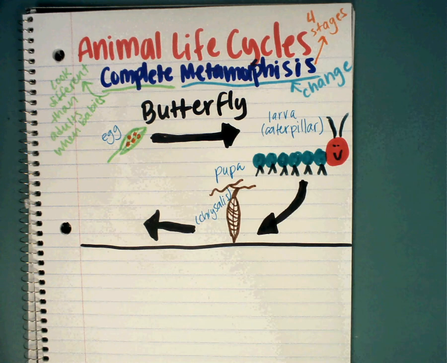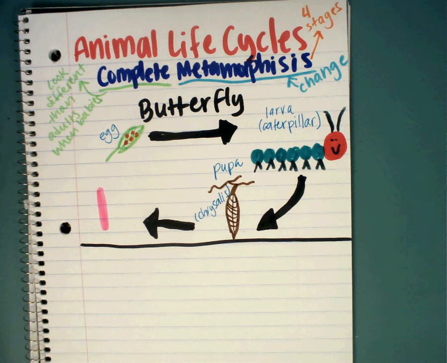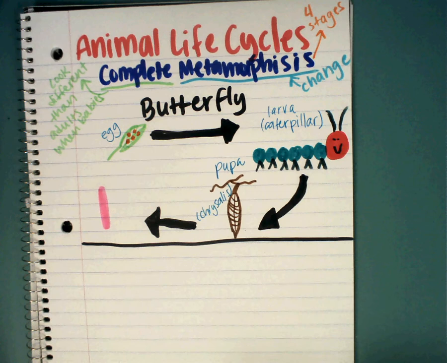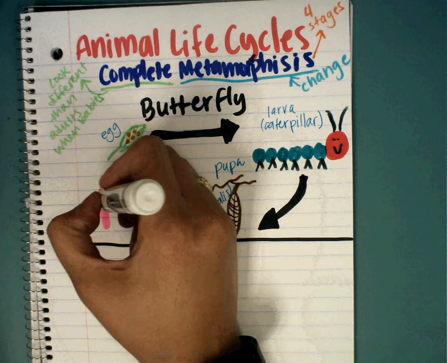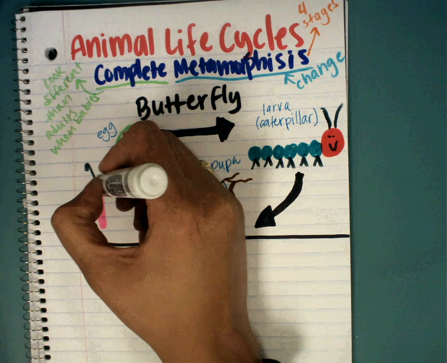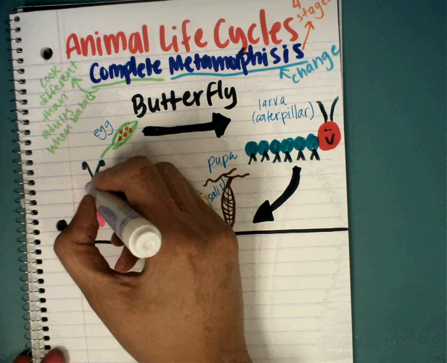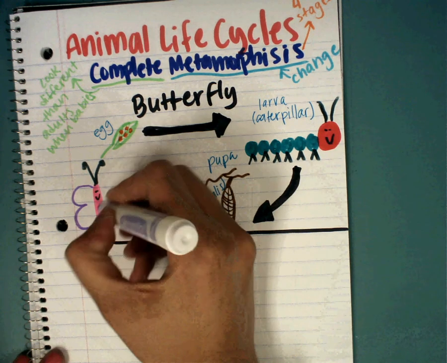All right, so I'm going to draw my butterfly. Draw the head on there. Or, I'm sorry, the head is already on there. Okay, smiling. We've got antennas. We've got some wings. Oh, he's such a happy little thing.